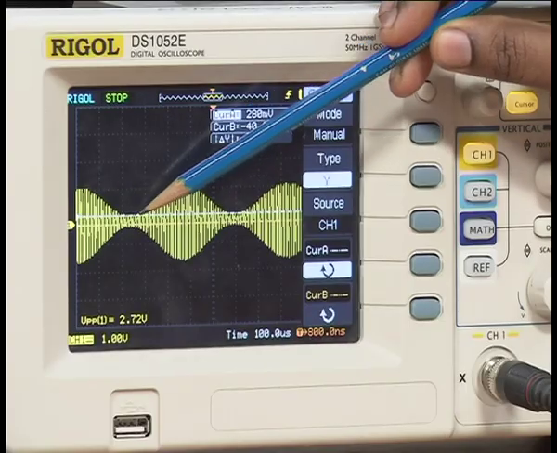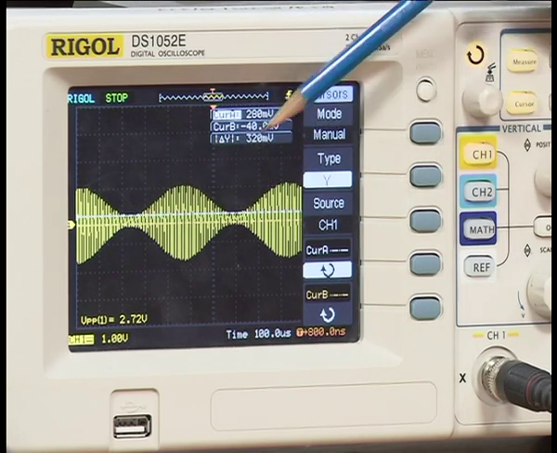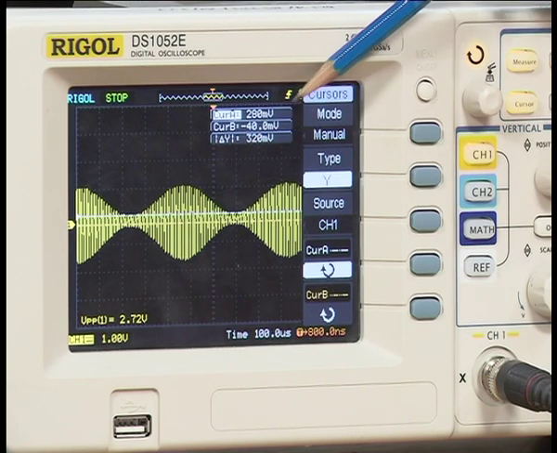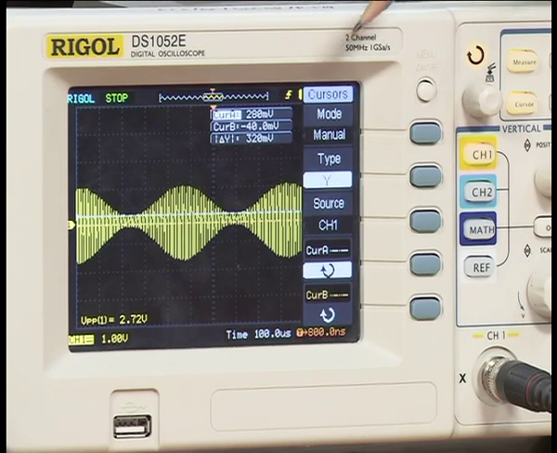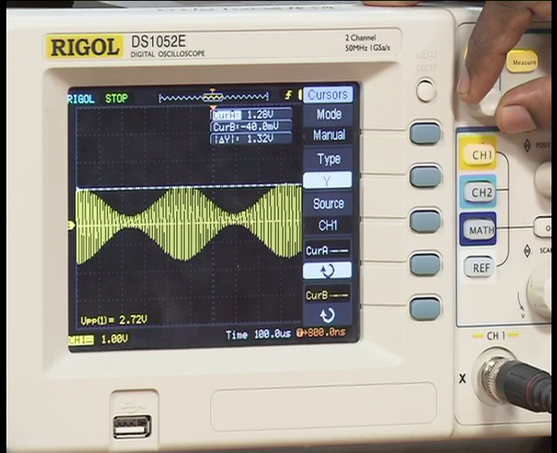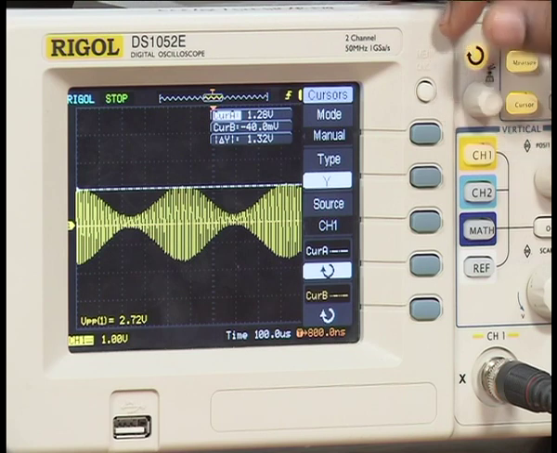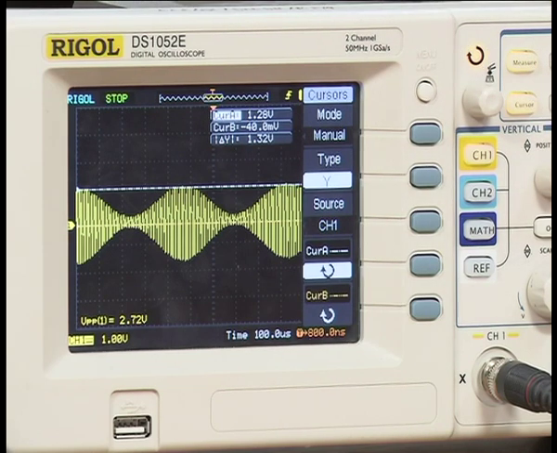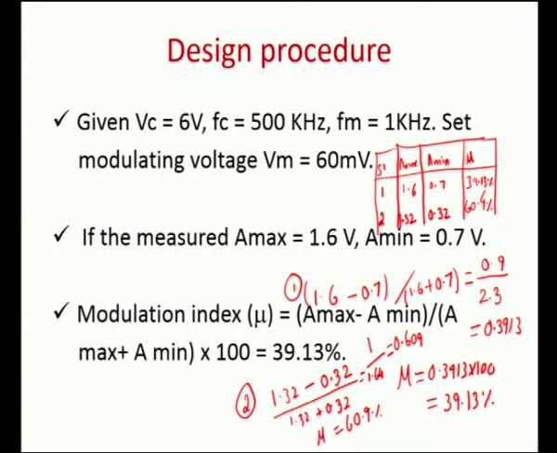The message signal minimum value, the delta y value, is 320 millivolts. Now you can compute: 1.32 volts minus 320 millivolts divided by 1.32 volts plus 320 millivolts. That will be your modulation index mu. Like this you can take down some 5 readings and do the observation.